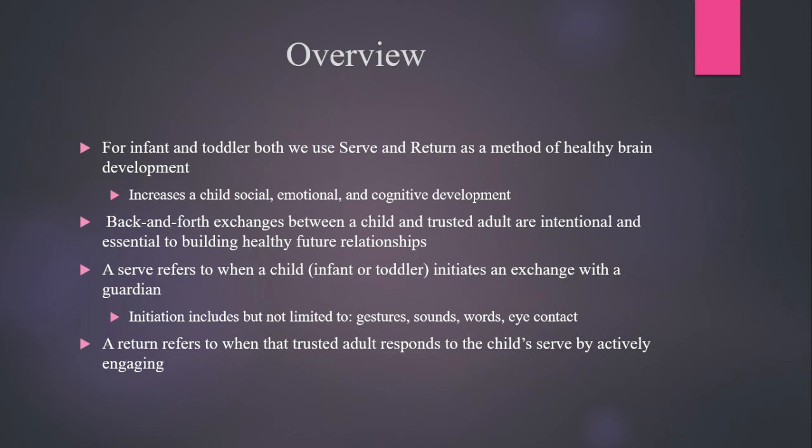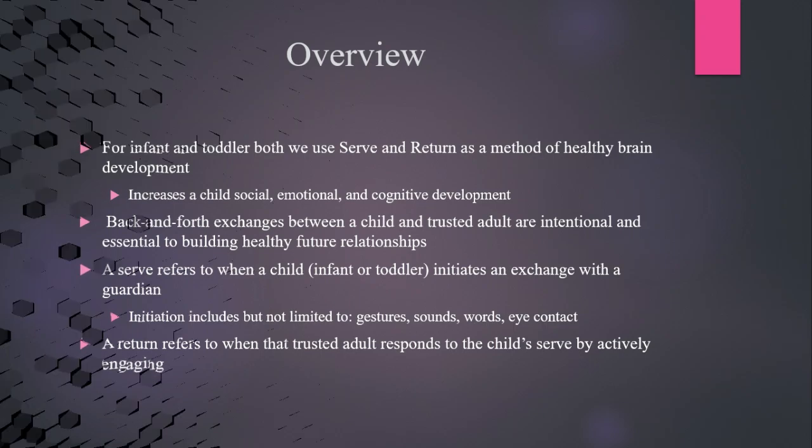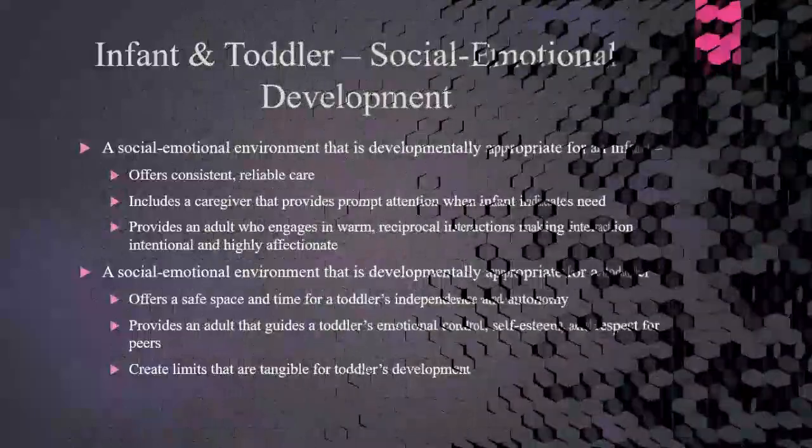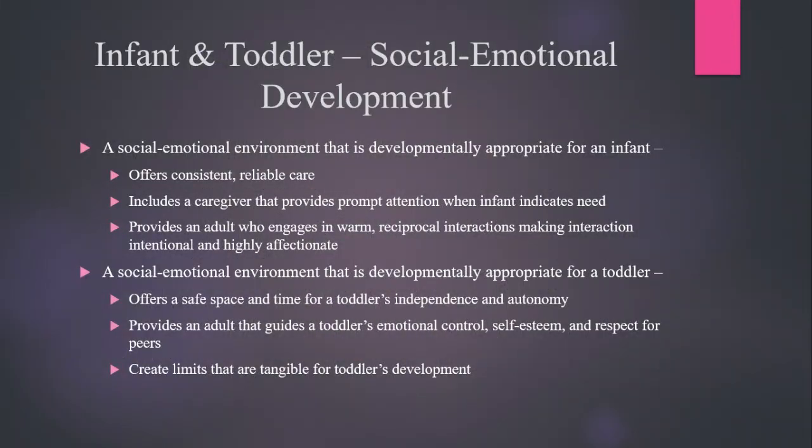So those exchanges between the child and the adult are intentional, and they are to build the development of that infant and or toddler. The social emotional development of a child affects all areas of development. I've learned that through all of the discussion posts we've done.